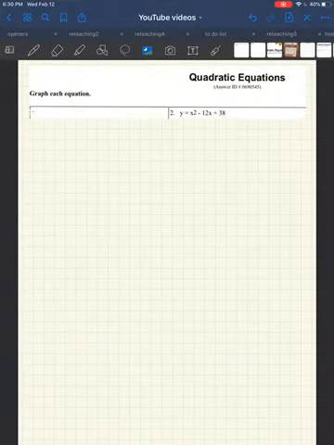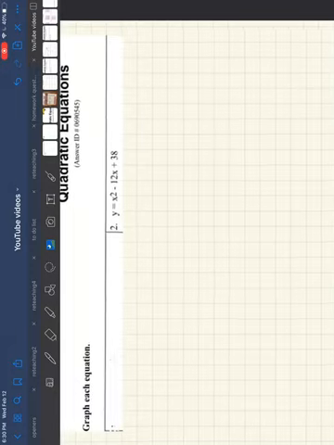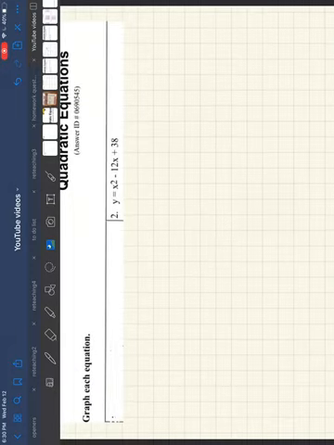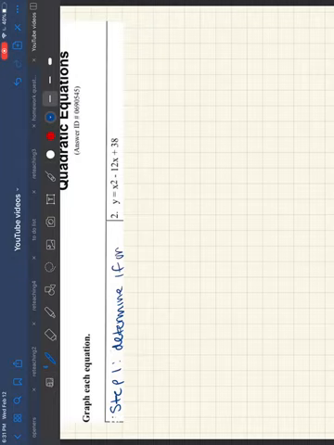Okay, so I'm going to continue on with my notes here. I've got graphing. So I'm going to start with step 1. Determine if my parabola opens up or down.